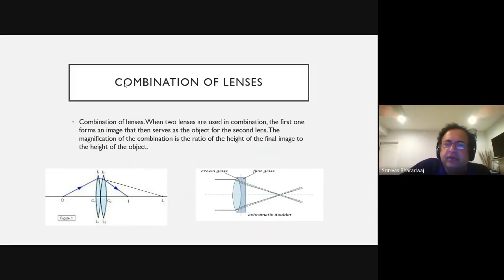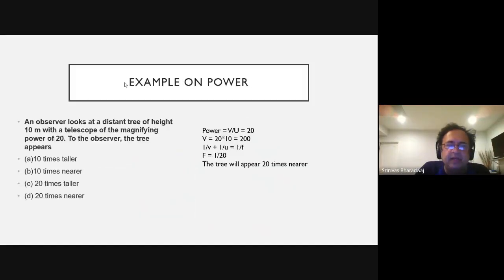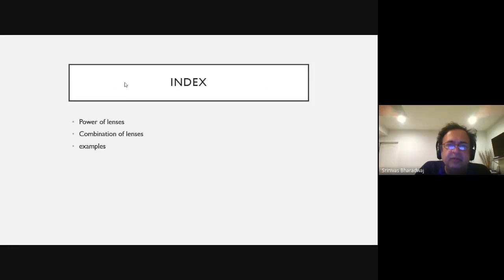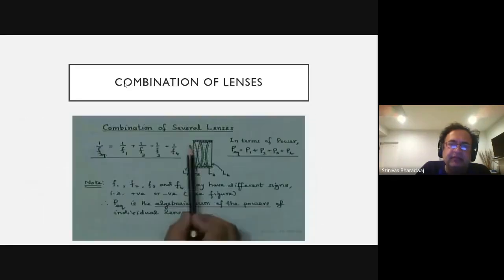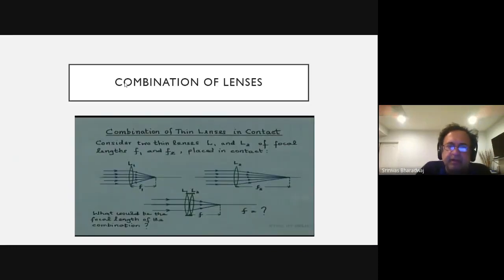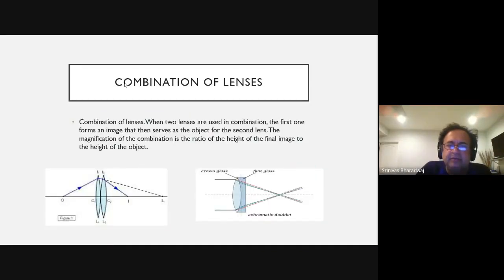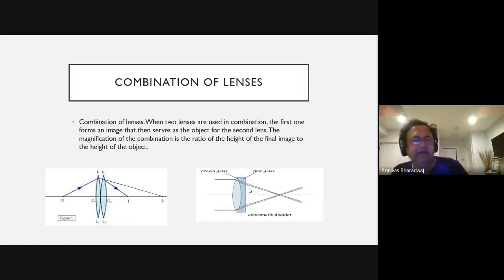Now when a combination of lenses is used, the first forms an image which then serves as the object to the second. Let's once again look at 1 by v minus 1 by u equals 1 by f. Using that formula, how do you combine two lenses? Sometimes you have two different types of glass: the first is ground glass, and the second is flint glass, each with a different refractive index.